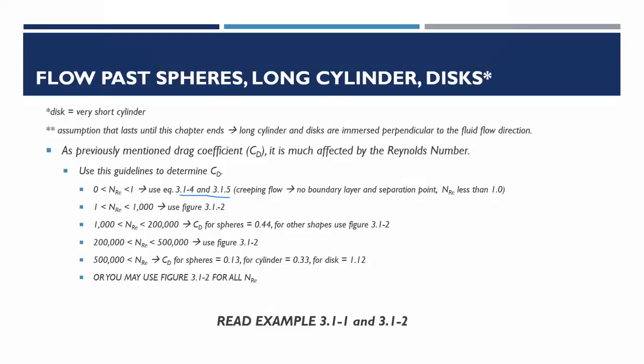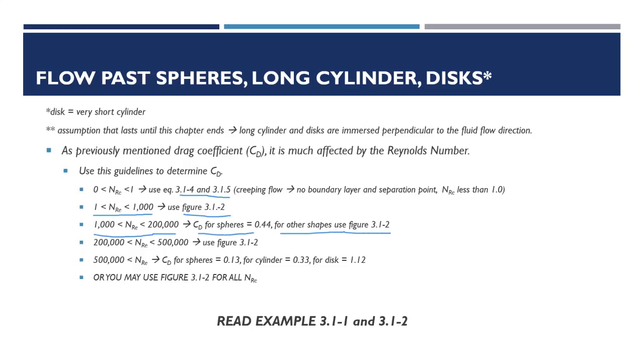However, if the Reynolds number is between 1 and 1000, then you can use figure 3.12. If the Reynolds number is between 1000 and 200,000, then the CD for spheres only is 0.44, while for other shapes you can use figure 3.12.